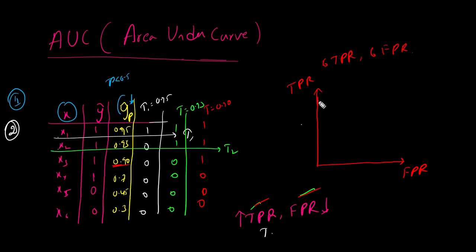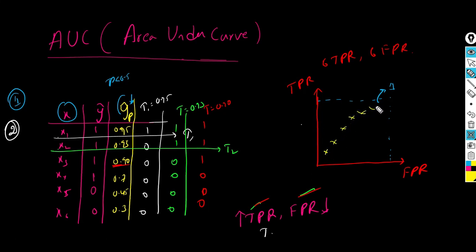The maximum value of the area is going to be 1. You will get some true positive and false positive values like this. This way we will plot and find the area under this curve.